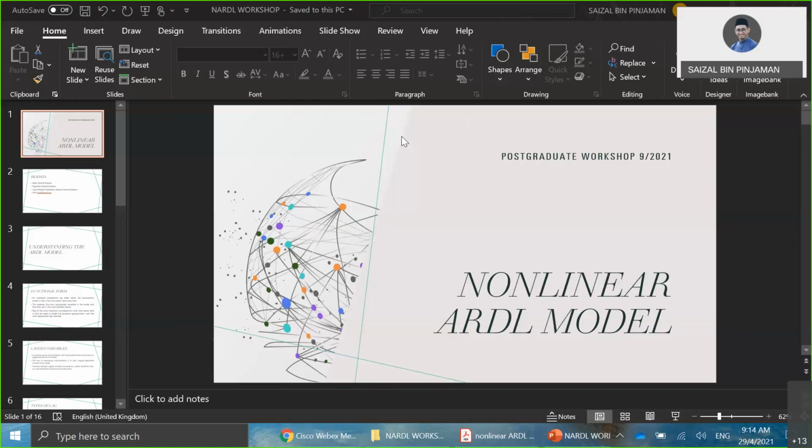And it says here that this is a workshop specifically for postgraduates, but even if you are an undergraduate and you still want to learn about the nonlinear ARDL model or NARDL, it is okay. I welcome you to do so.